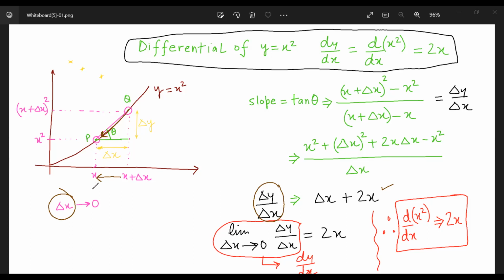It is like x is 2, and this x plus delta x would have become something like 2.00000000001. And delta x would have actually become 0.0000000000001. Is it making sense?